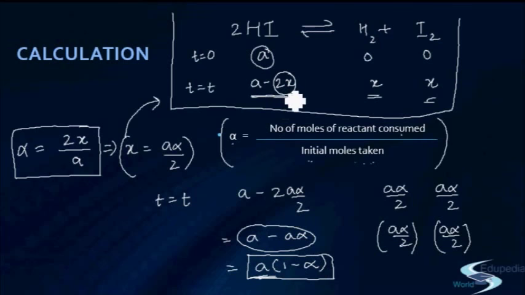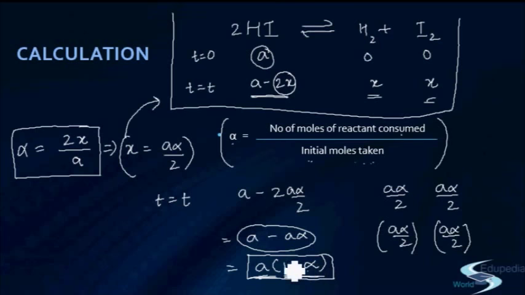So I have replaced A minus 2x in terms of alpha, and the expression comes out to be this. So look over here, alpha has been subtracted from 1. And how did we define alpha? The amount or the fraction of reactant consumed out of 1 mole. So this is going to be common everywhere. For all the examples, alpha is always defined with respect to 1. So it is always going to be 1 minus alpha.